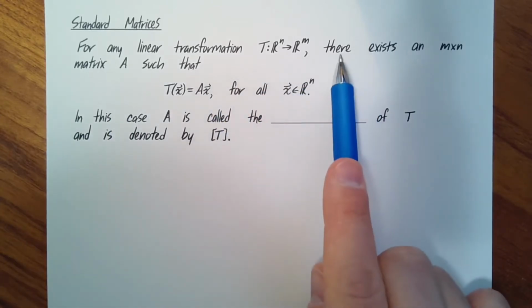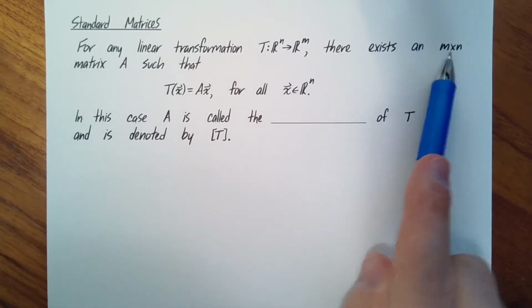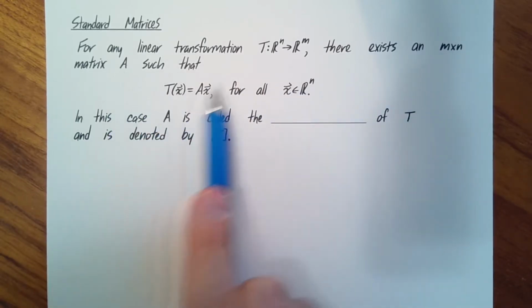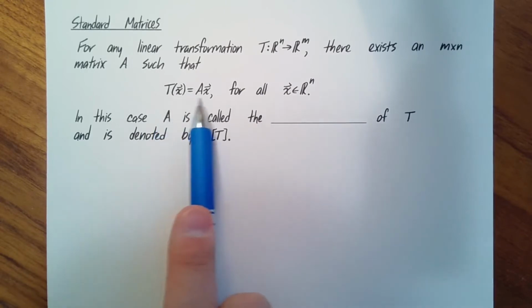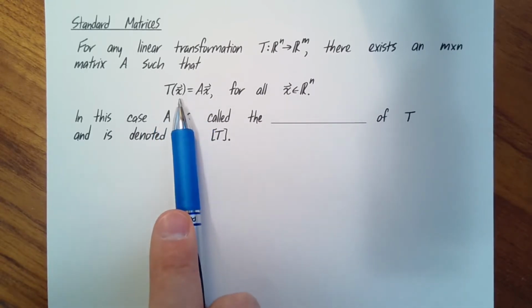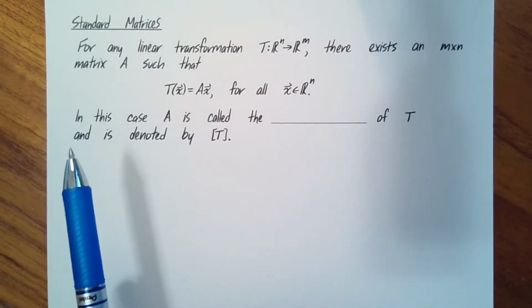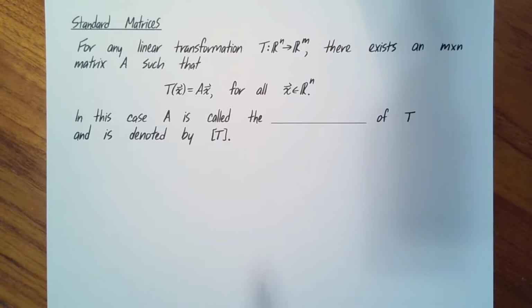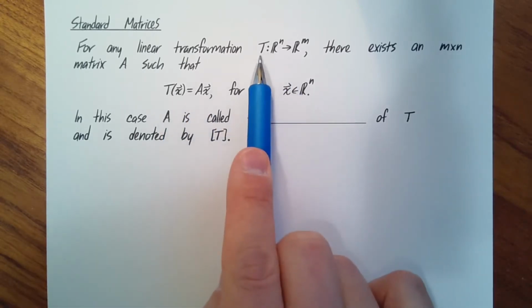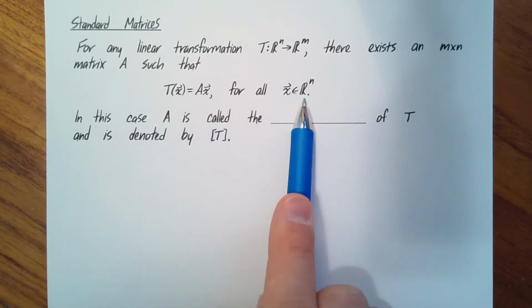And the claim is that there exists some m by n matrix A such that this linear transformation T behaves in exactly this way. It really just takes an arbitrary input vector x and multiplies it on the left by the matrix A. There's some matrix out there that you can get your hands on if you know what to do, so you can represent this linear transformation in this fashion.